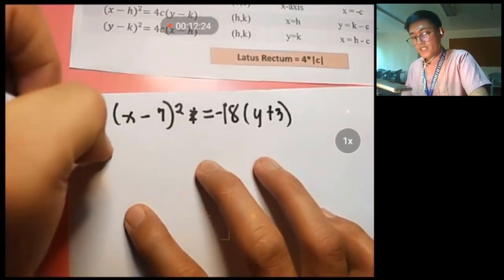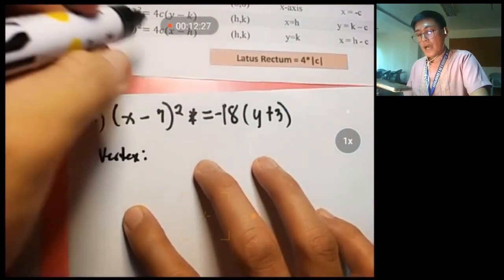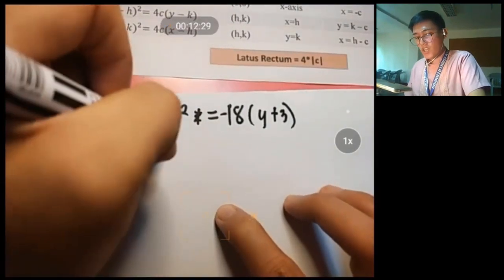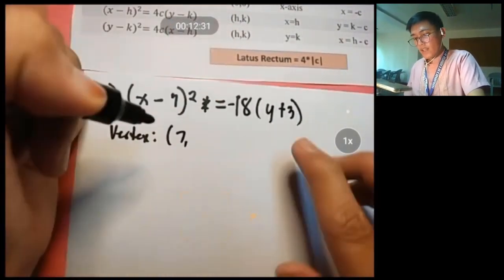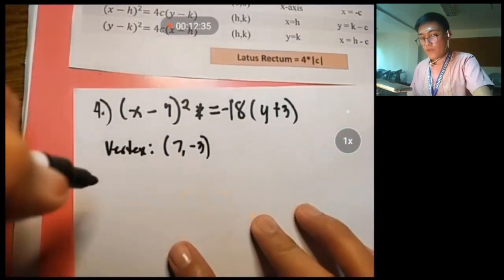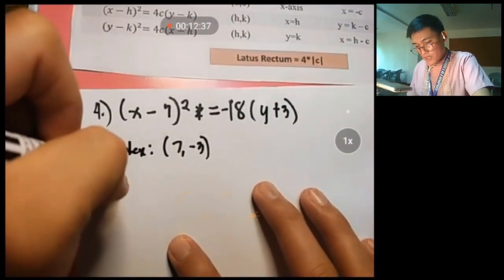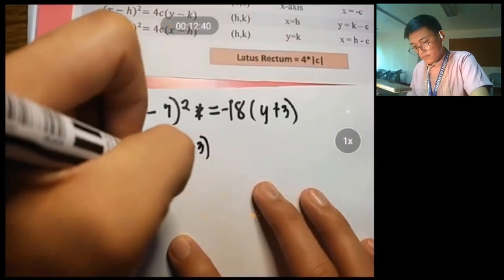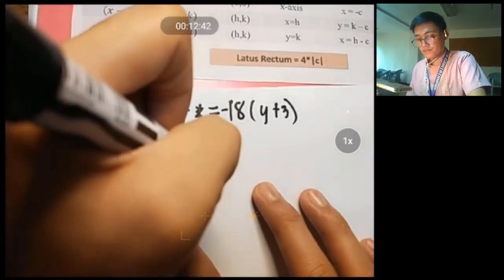First is the vertex. Our vertex is at hk, so that would be 7 and negative 3. Shortcut. Next here, we have the axis of symmetry. Right?